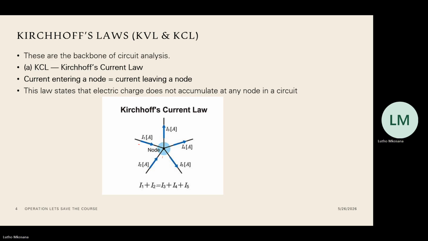So one thing to note once more, and then we'll look at an example: current entering a node is equal to the current leaving the node. That's the formula. And no electric charge accumulates at any node.